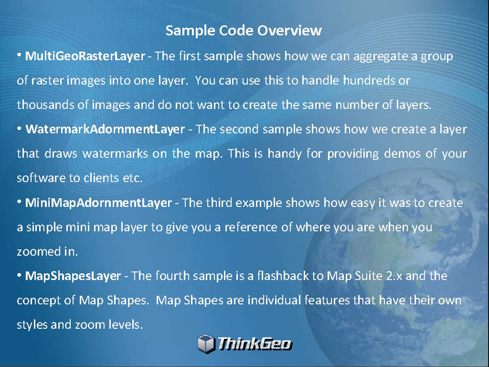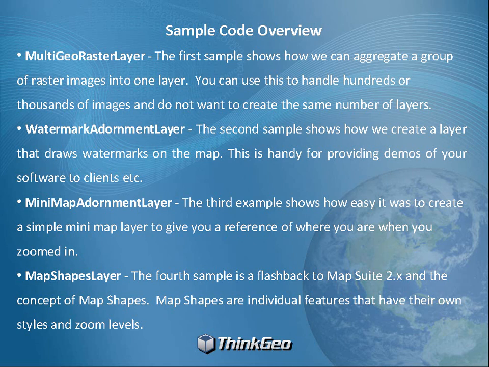Of the 1,000, a typical scenario is that the user might only see 10 or 20 of them. So what we're doing in this particular sample is creating a layer that's going to load these raster images on demand based on the current extent that gets passed into it.